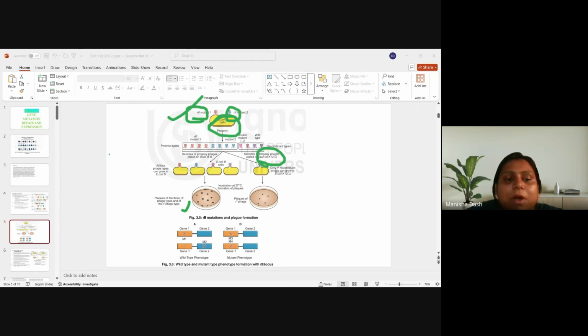The mutant forms of the bacteriophages cannot infect and cannot kill this E. coli K12 lambda.